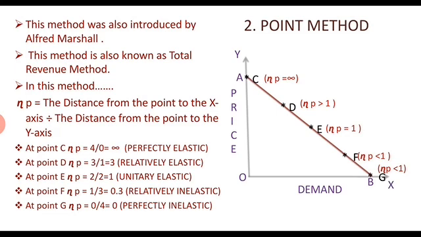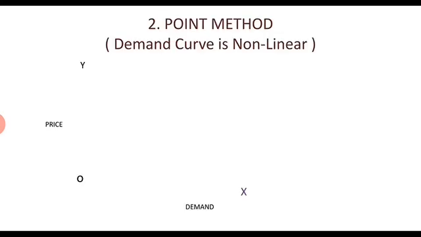In this way, wherever the point is on the DD curve, we can easily say the elasticity of demand. In this method, if the demand curve is non-linear, we draw a tangent.